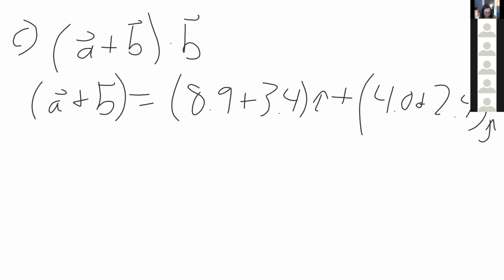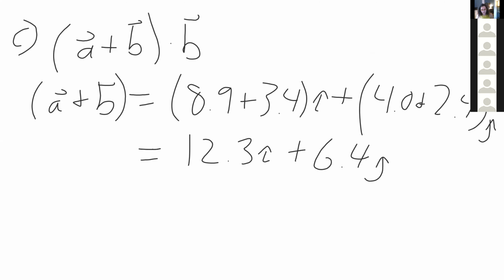I just sum those together. So 8.9 plus 3.4 is going to give me 12.3 in the i hat, and 4.0 plus 2.4 is 6.4 in the j hat.